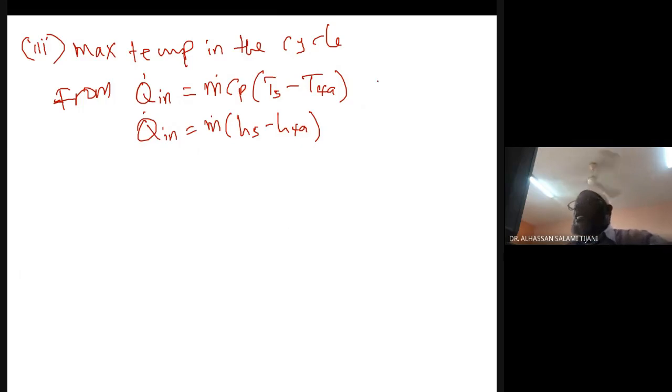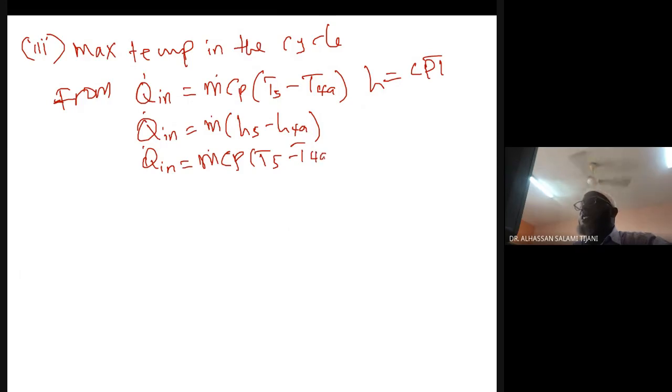Okay? But like I've told you, the enthalpy of any ideal gas is the specific heat capacity times the temperature. So this simply gives me Q in equals mass flow rate of the gas times specific heat capacity, and then times T5 minus T4A.